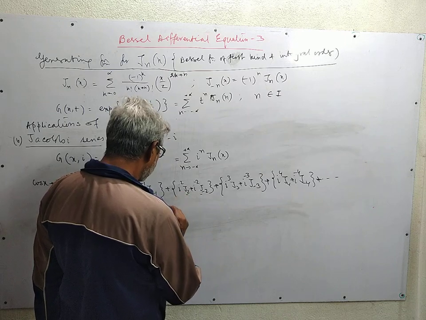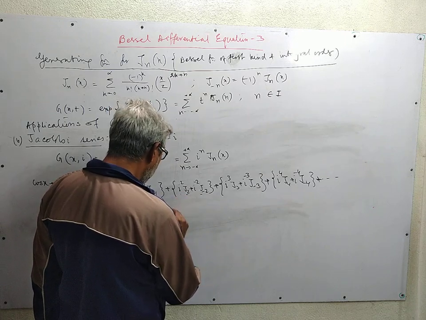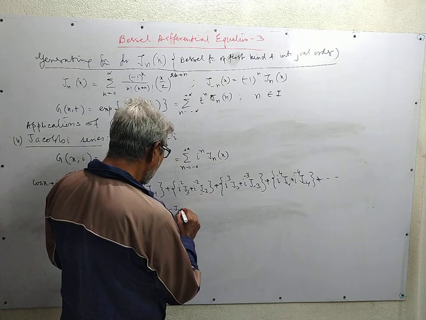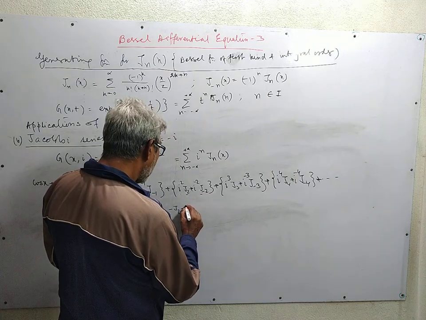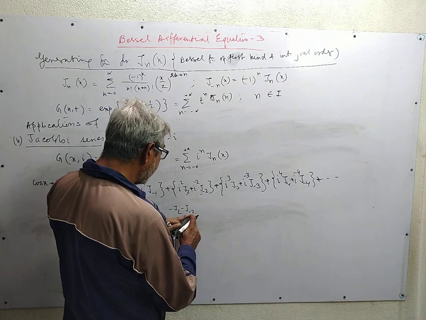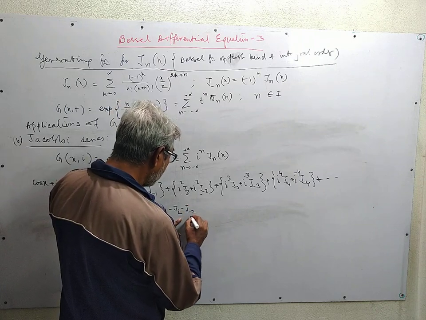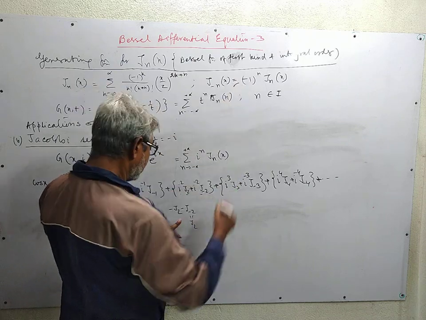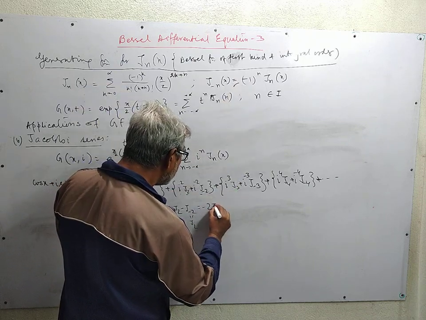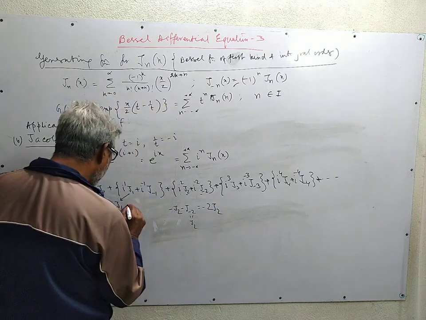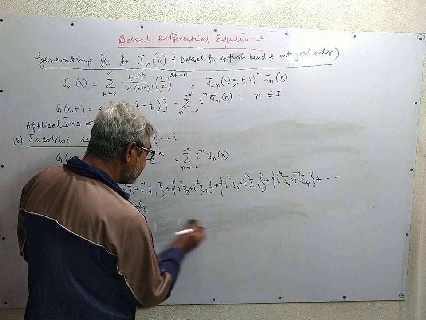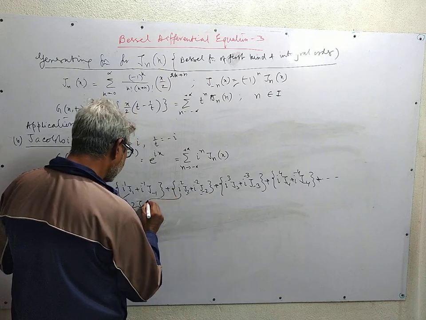So this is i squared is minus 1, this is minus j2, this term is minus j2, and this is minus of minus j2, but this is equal to j2 because of this relation. So this is equal to minus 2j2. This is the contribution for n equal to plus minus 2 terms.